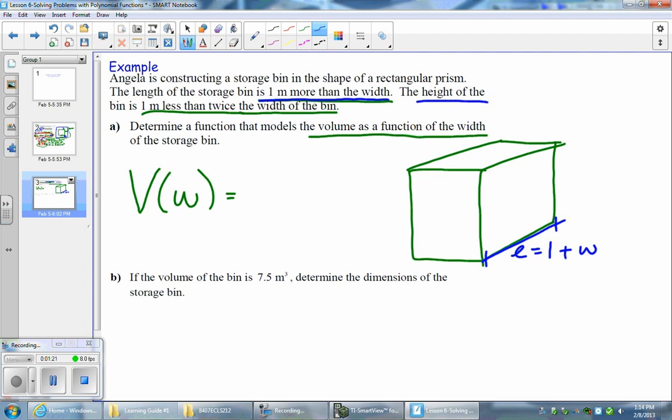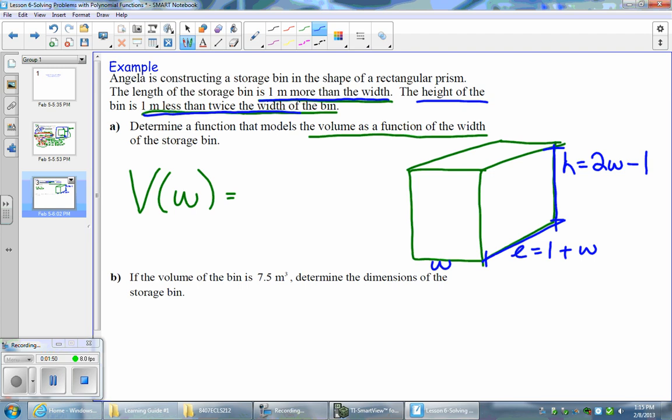The height of the bin is 1 less than twice the width. So if we go to our height, which is right here, twice the width is represented using 2 times w, and we're going to subtract 1 since it's 1 less. So that is the height of my prism. And of course, the width is just w in this case.